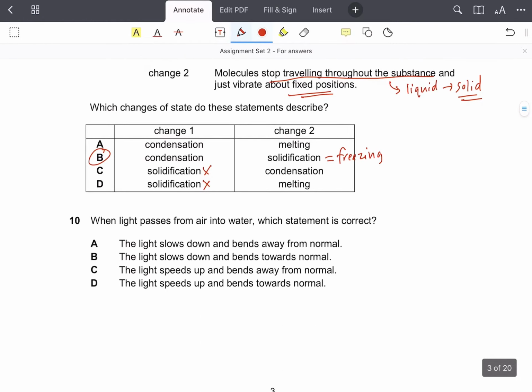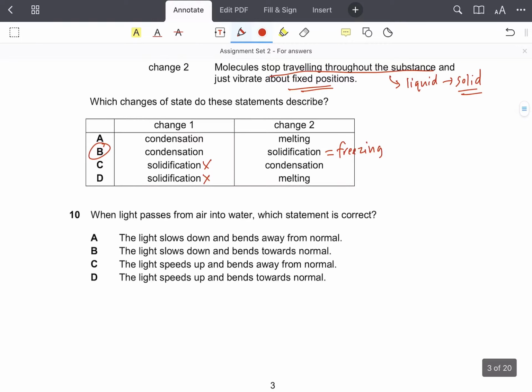Okay, question number 10. When light passes from air to water, which statement is correct? So when you talk about light, whenever you have air, it is less optically dense. The word optically is very important. Water is optically denser.